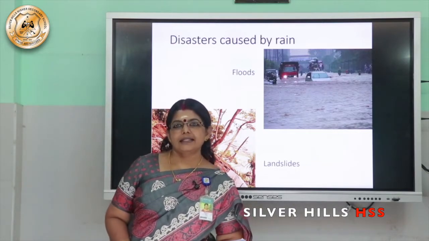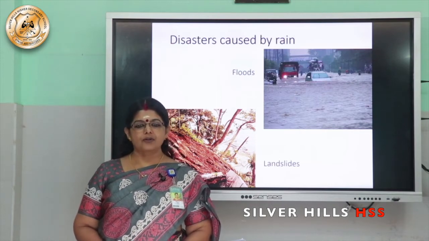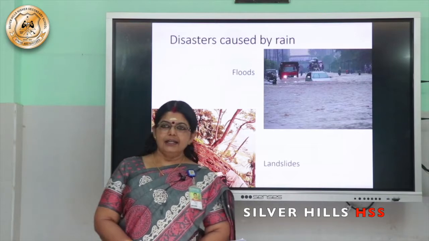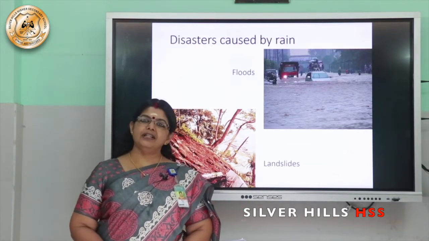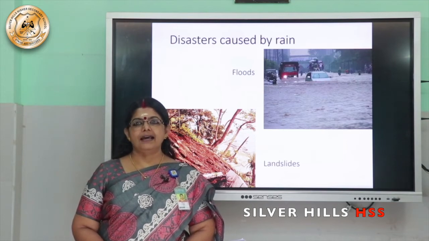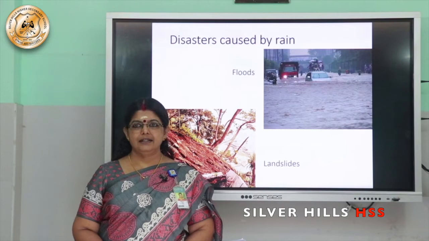Then next we can move on to the disasters caused by rain. You all have seen most of the disasters caused during rainy seasons through media like television, radio, newspaper, etc. Isn't it?